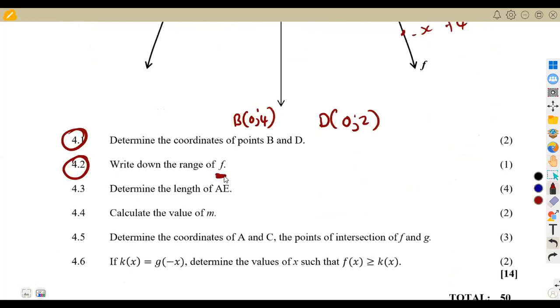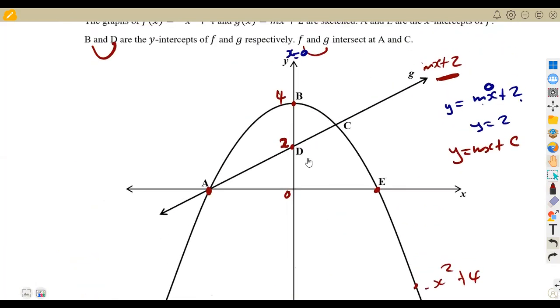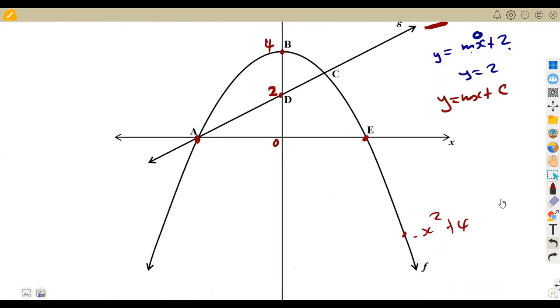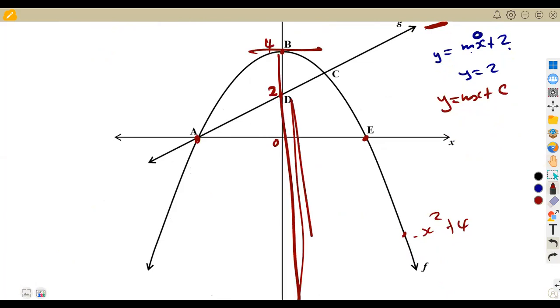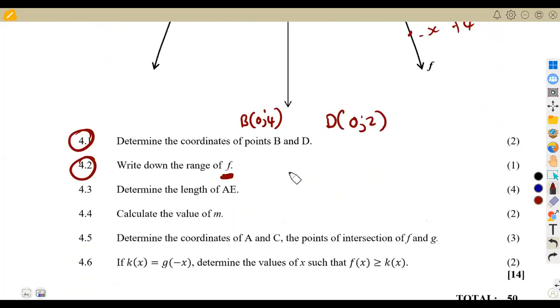Then determine the range of f. We can take the range from the point at B. Remember, this is our f. Our graph goes from this point down as much as we can. It has unlimited points in the negative, but the maximum is limited at 4.